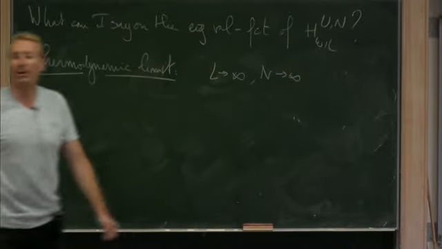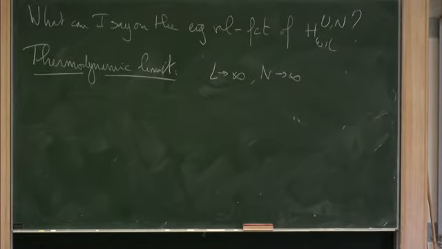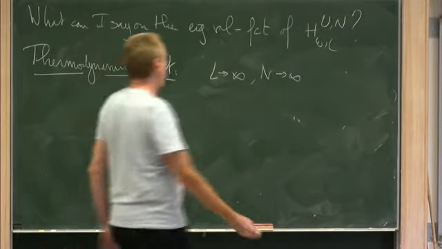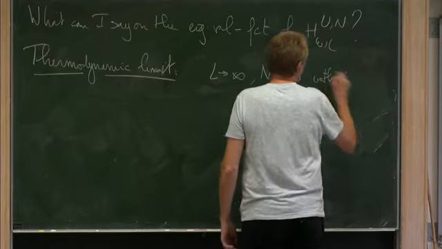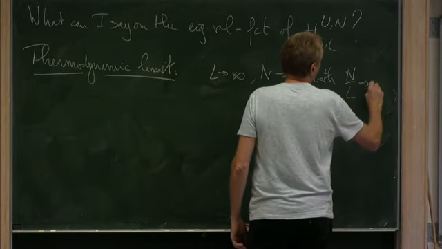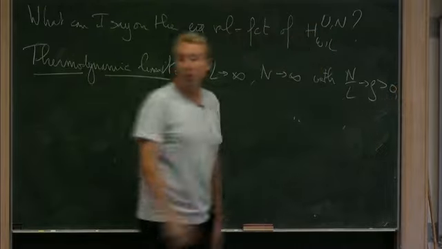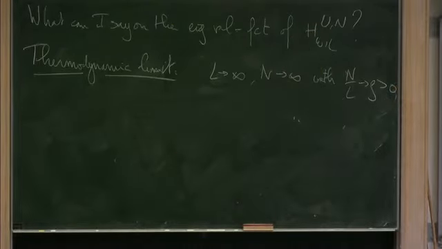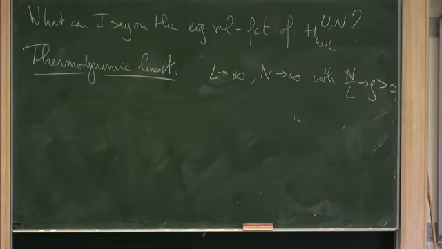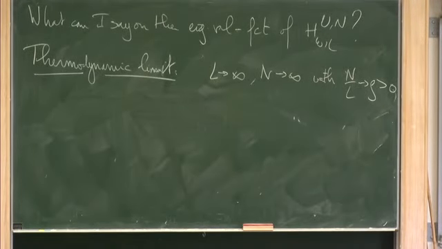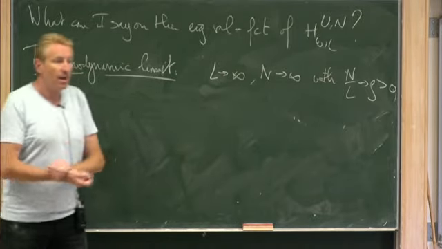They go to infinity both together. But we want the number of particles to have a density, and rho is going to be a fixed positive number. So I want to have a huge number of particles in a large box, and I'd like to say something about what happens to the spectral theory of this operator.